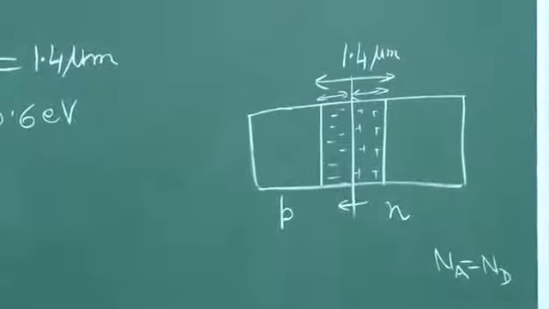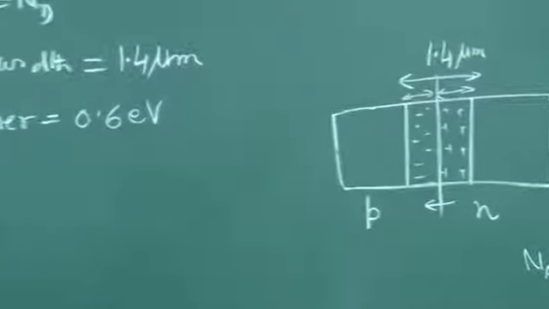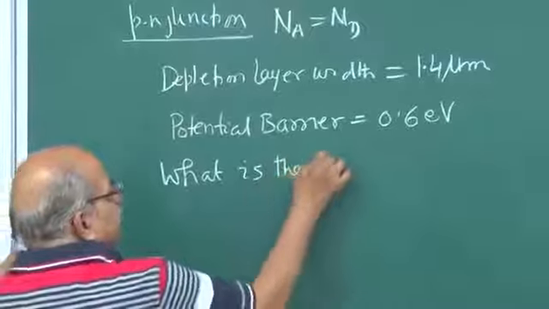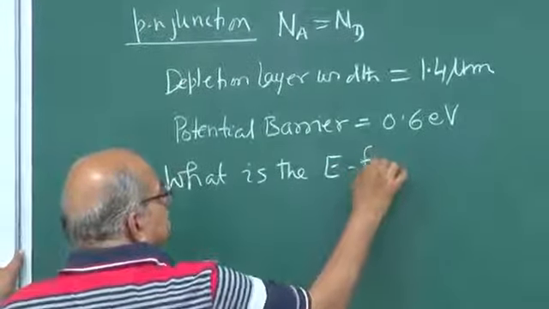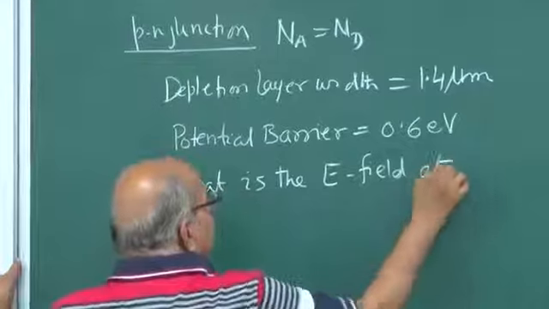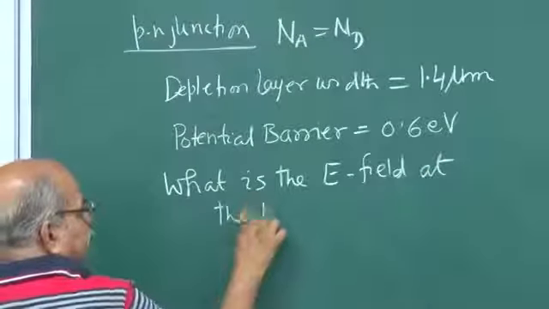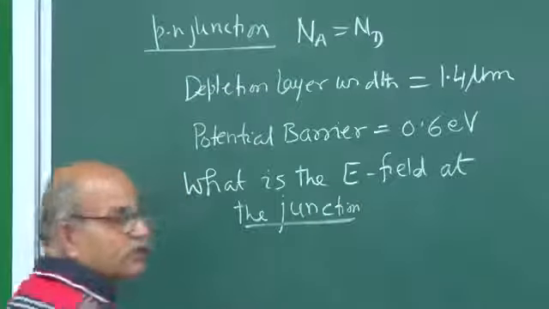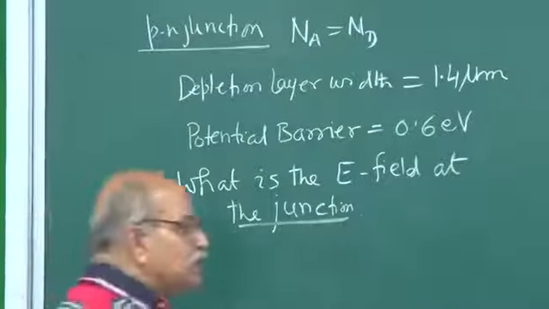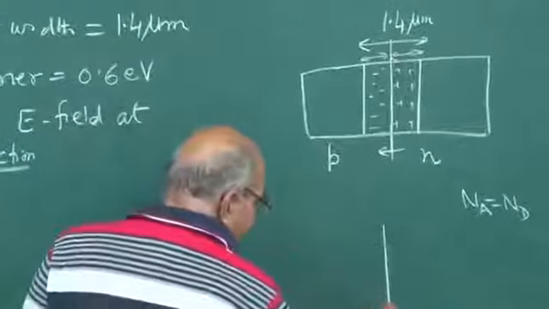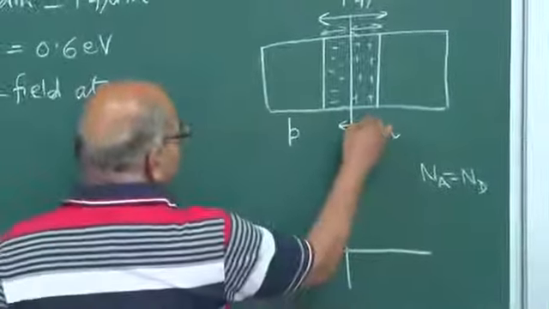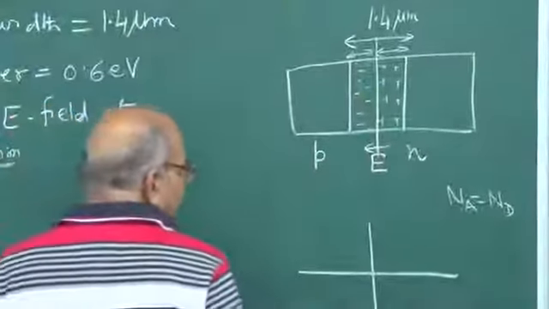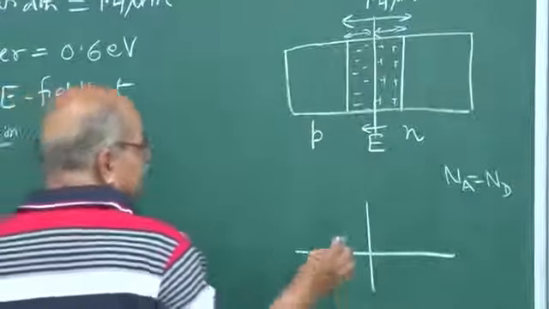And the question is, what is the electric field at x equal to 0, at the junction? If you remember, this electric field will be in this direction, positive side to negative side, and therefore it will be negative in the usual diagram.